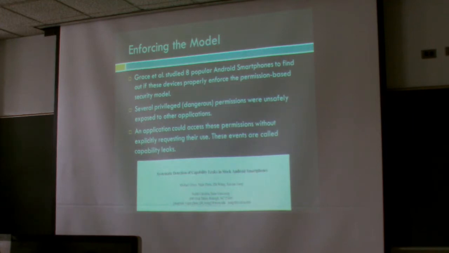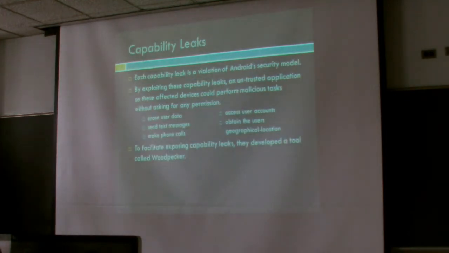Some research I've looked at: this study by Porter Felt et al. in 2010 studied 8 popular Android smartphones on the market to see if this model is always enforced properly. There are several privileged dangerous permissions which are unsafely exposed to other applications, which means that an application could access these permissions without actually requesting them in their manifest files, which we refer to as a capability.